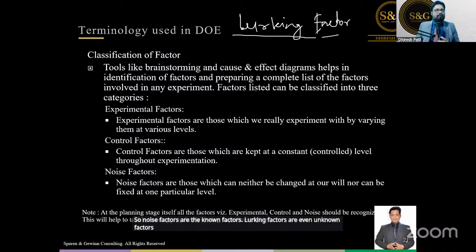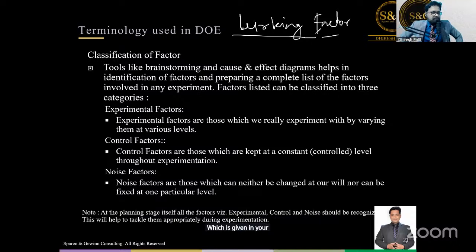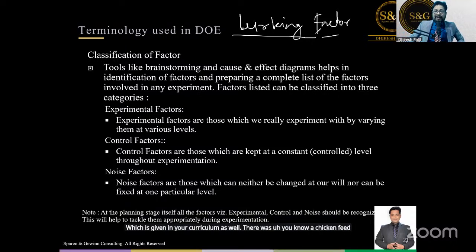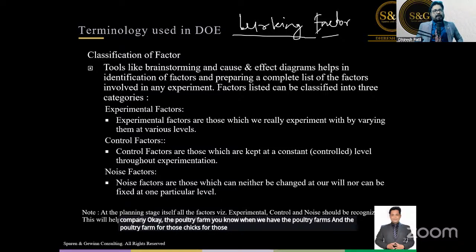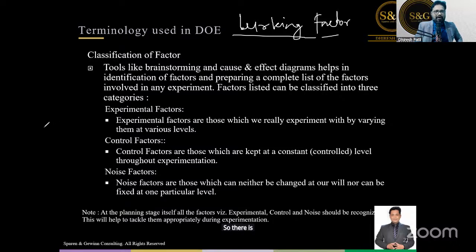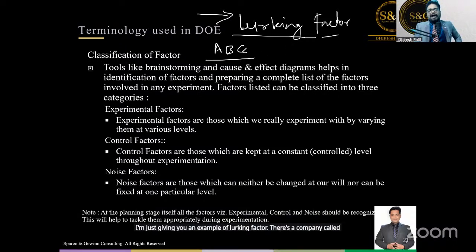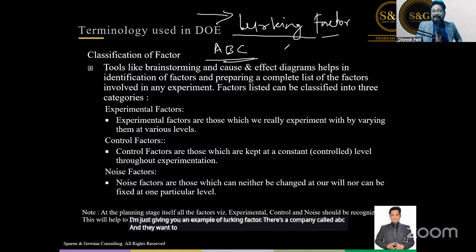Let me give you an example of lurking factors. This is a very fantastic example which is given in your curriculum as well. There was a chicken feed company, for a poultry farm, where feed is given to the hens. Let's say there is a company called ABC, and they want to check their new feed.